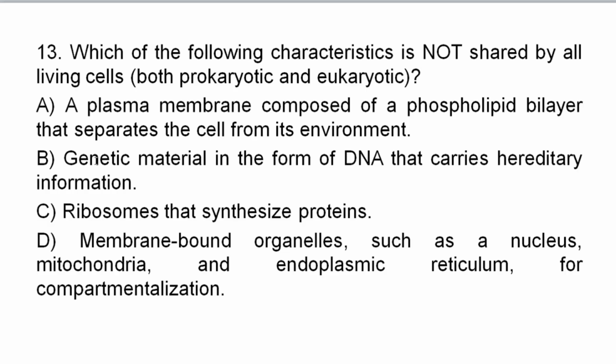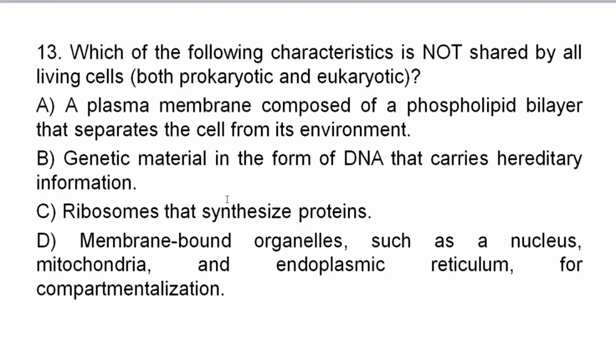Question number 13. Which of the following characteristics is not shared by all living things, both prokaryotic and eukaryotic? A. A plasma membrane composed of a phospholipid bilayer that separates the cell from the environment. B. Genetic material in the form of DNA that carries hereditary information.